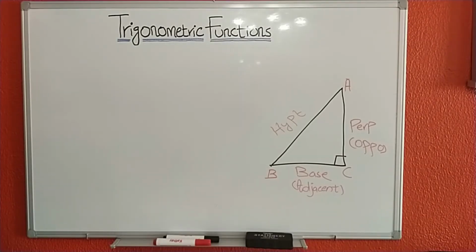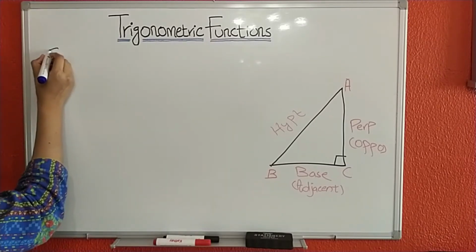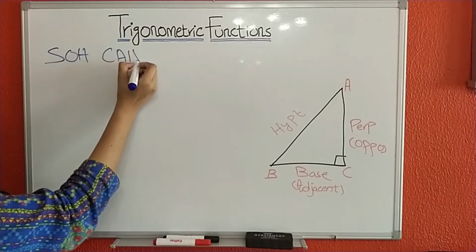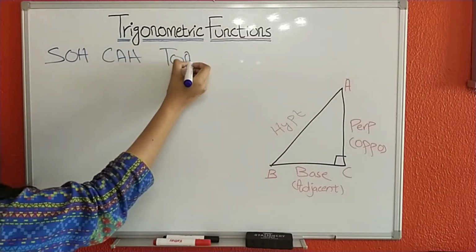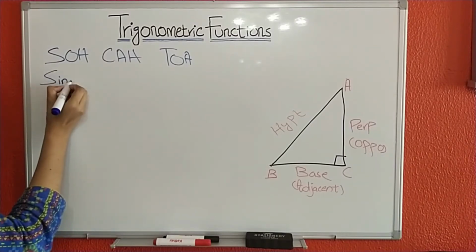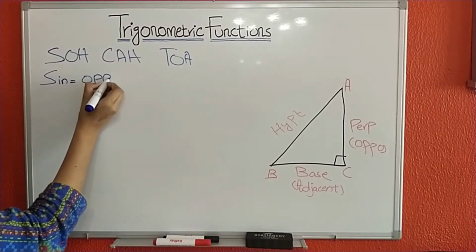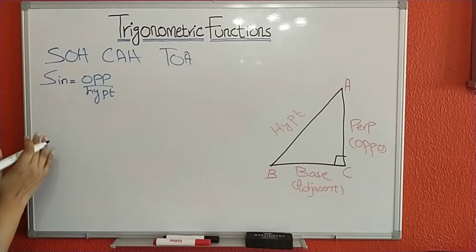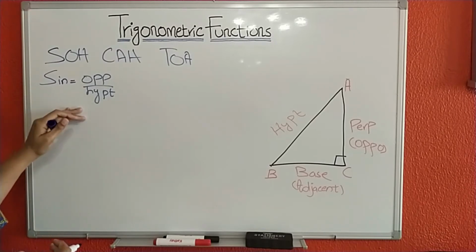Now as we have learned the three basic formulas, SOH CAH TOA, meaning sine is equal to opposite upon hypotenuse, now I am writing their reciprocal formulas.